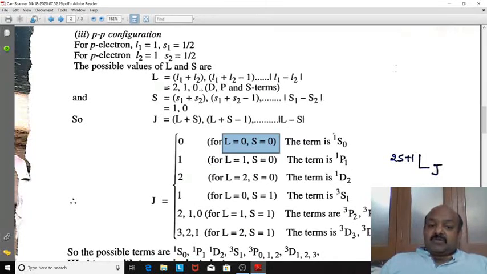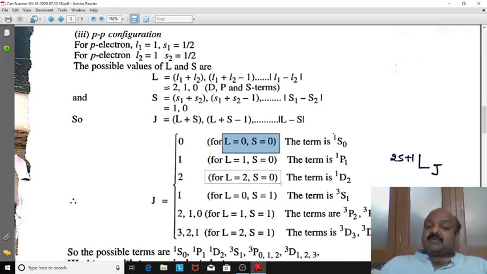L value 0, S value 0, 0 plus 0 is 0. So J value is 0. S value is 0, 2S plus 1 is 1. So it is 1S term. L value 0 means S term.